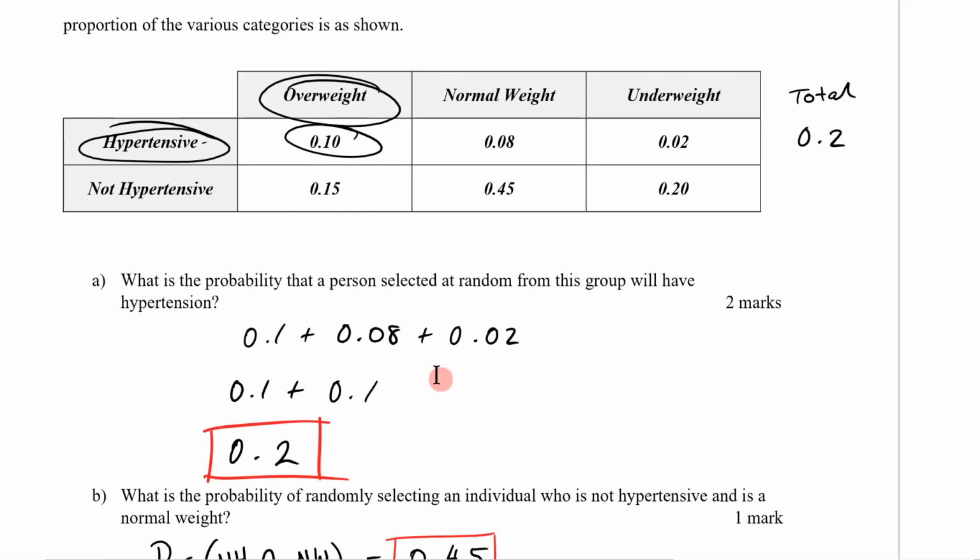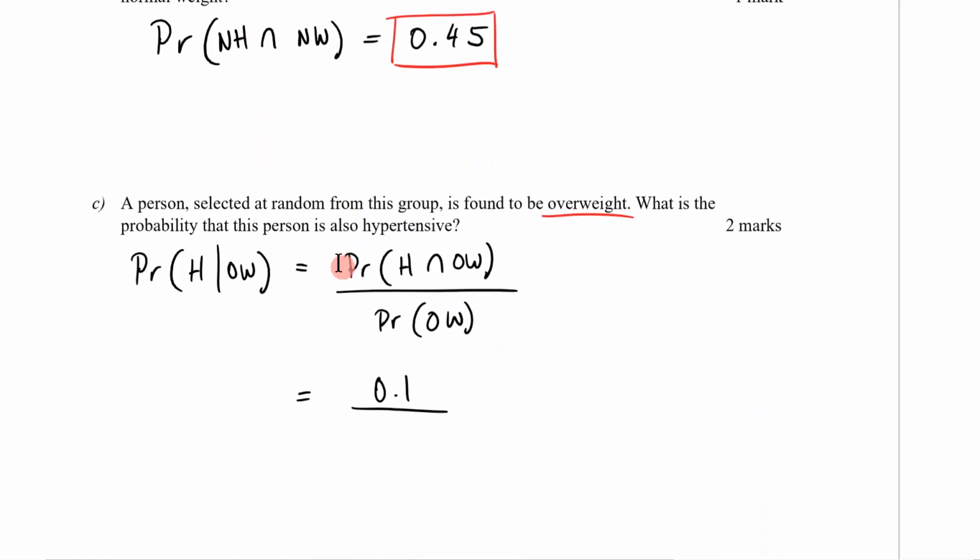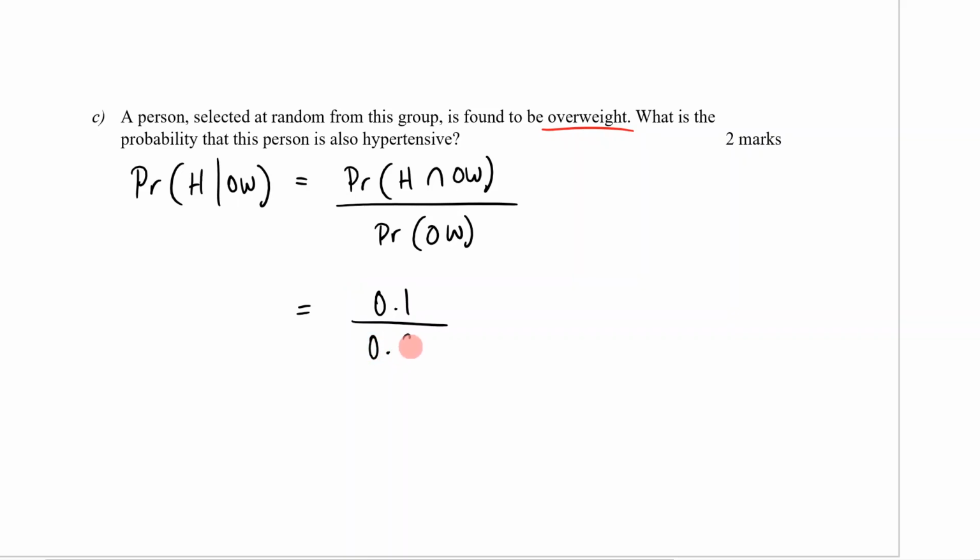So I come up here. The probability that they're overweight is going to be these two added together. So we're after the total of all those who are overweight. So that's going to be 0.25. So we come down here. This is going to be 0.25. We now need to simplify this.